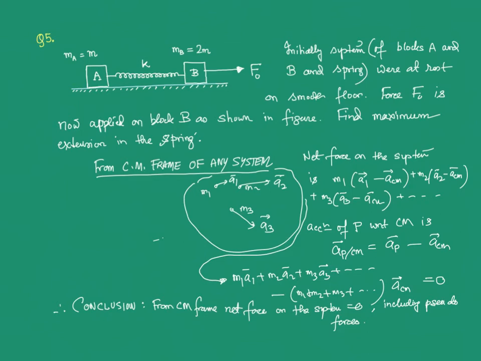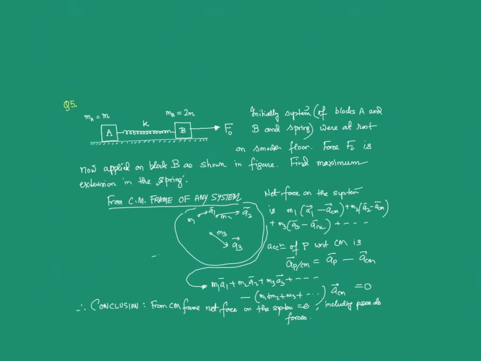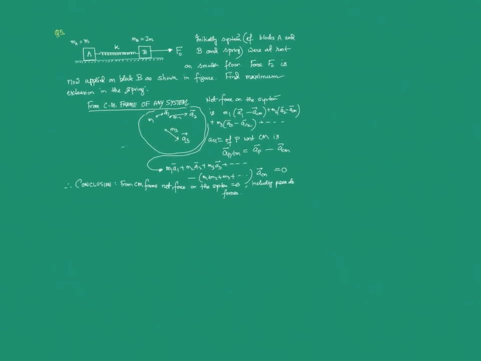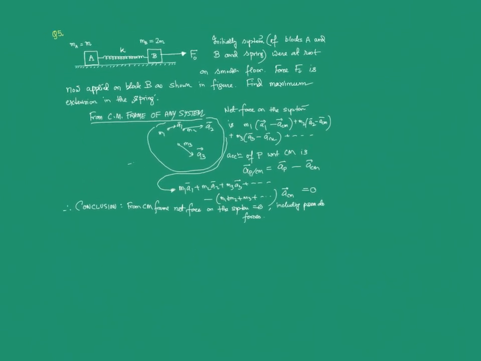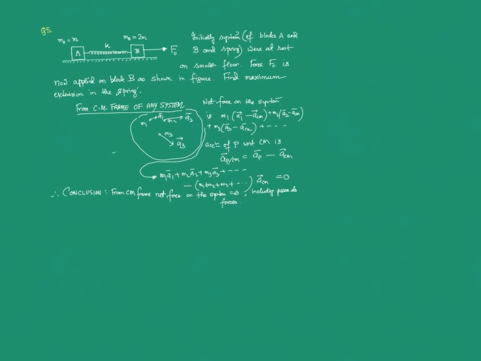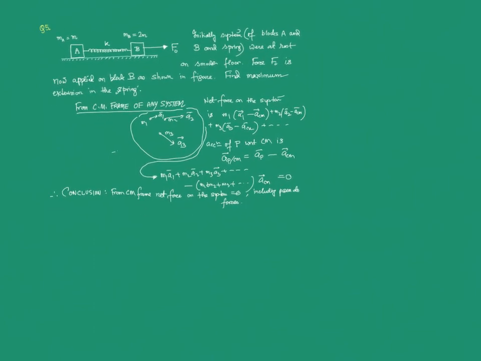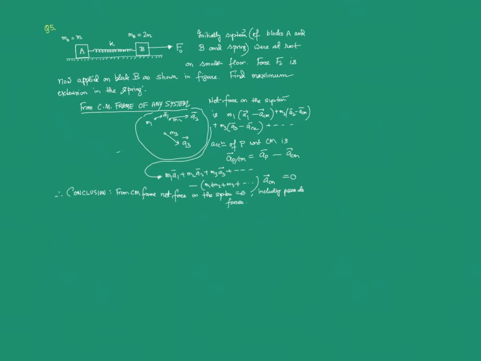So what we'll do here is work from the CM frame. For this problem, or for problems of this type, we'll work from the CM frame, because from the CM frame the net force on the system is 0. As you see in this system, I'll work out a bit here.